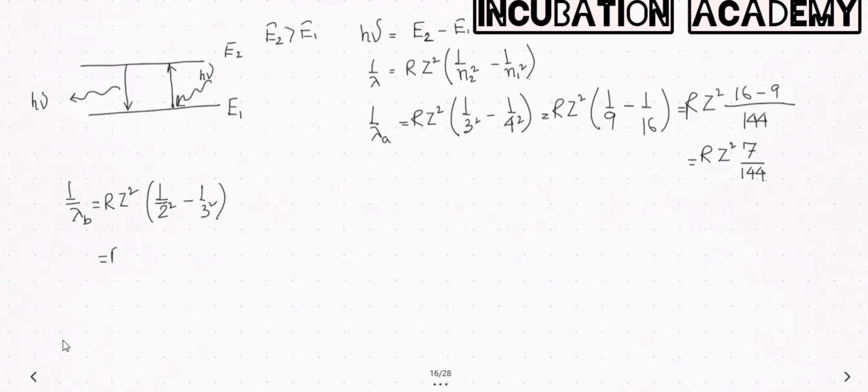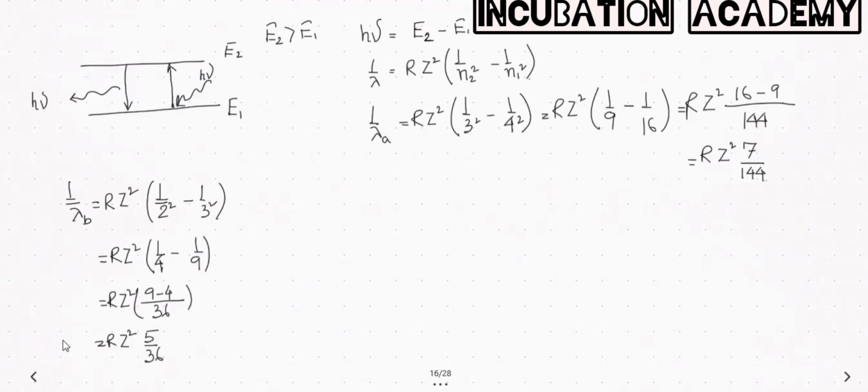This becomes R Z square, 1 by 4 minus 1 by 9. The LCM is 36, so 9 minus 4, and this becomes R Z square, 5 divided by 36.